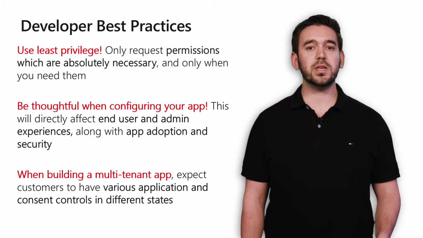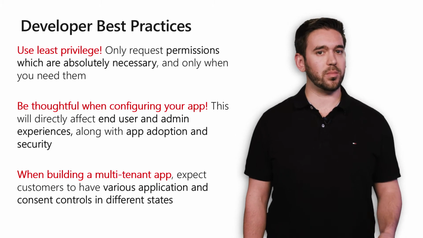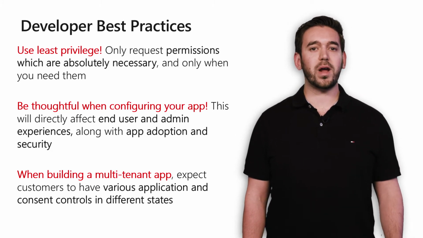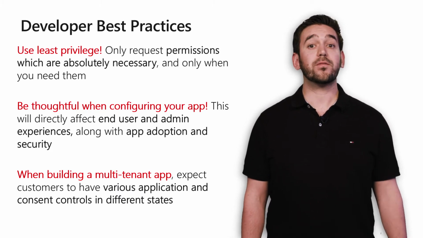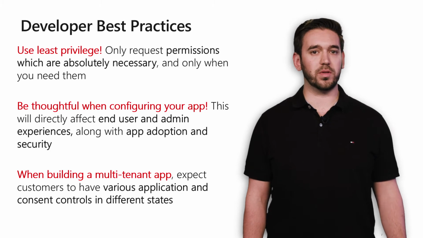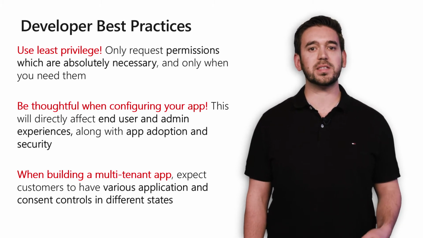In general, it's really important to be thoughtful when you configure your app, especially around consent and permissions. This can improve your app's adoption by customers, and it can also help tighten up your security posture in case something goes wrong. For example, in addition to abiding by least privilege, it's important to choose between delegated or application permissions based on your scenario.